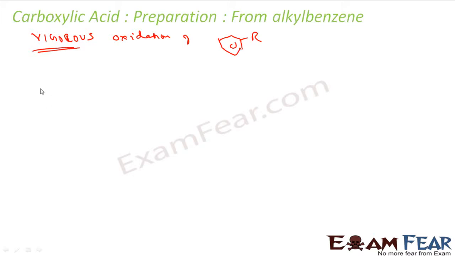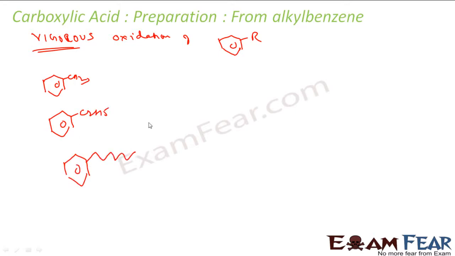See, even if you take CH3, or let's suppose C2H5, or you take a bigger chain, it doesn't matter. In all these cases, if you use a strong oxidizing agent, for example KMnO4 with heat, that is the first step.